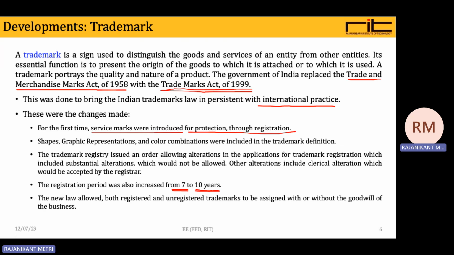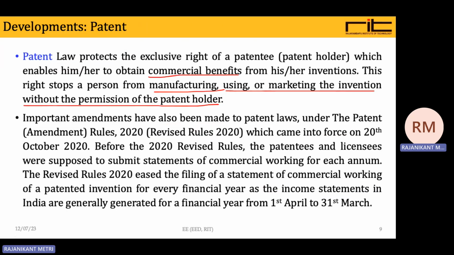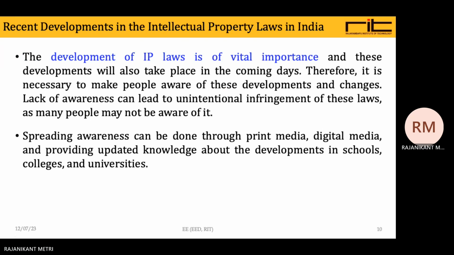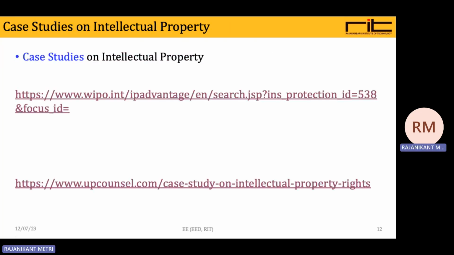We have seen them one by one: trademark, geographical indication, copyright, patent, recent developments. Then intellectual property rights of inventions in biological science and some of the case studies.